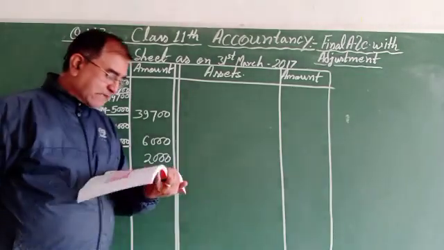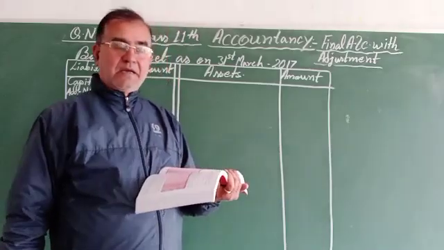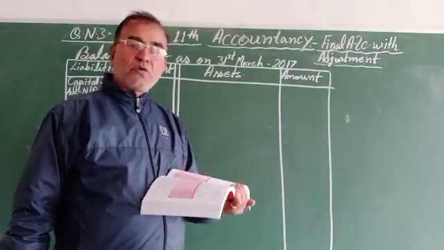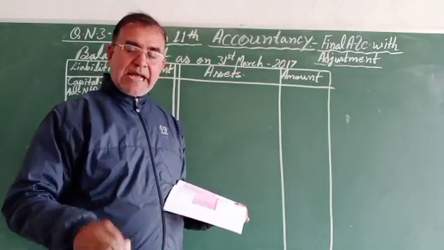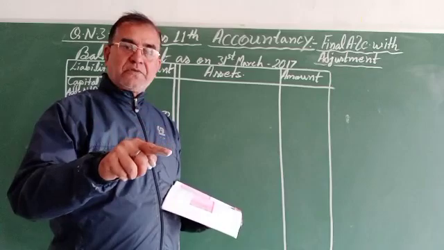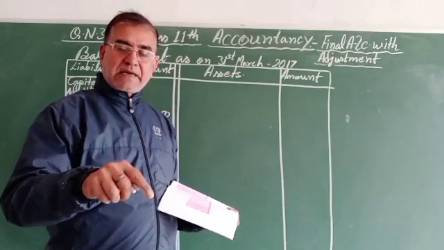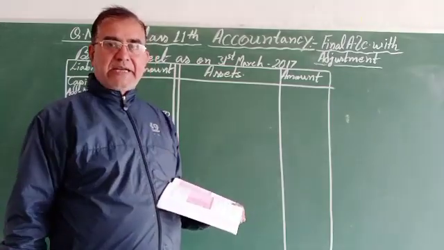And go through the additional information. Outstanding salary, that is given 200, adjusted in the profit and loss account, as well as this will be the dues for the current year, and it will be paid in the next year.